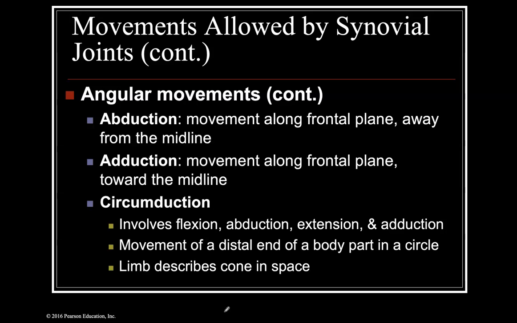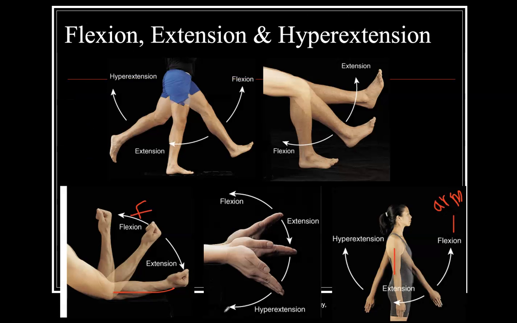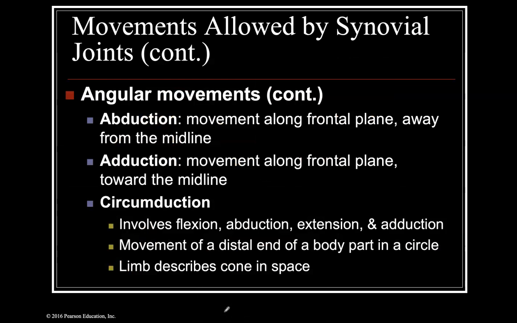So again, these are all really important movements that we'll talk a lot about. We had flexion and extension. We're going to talk about abduction and adduction. Because they sound so similar, we like to say it this way so that you don't get confused.